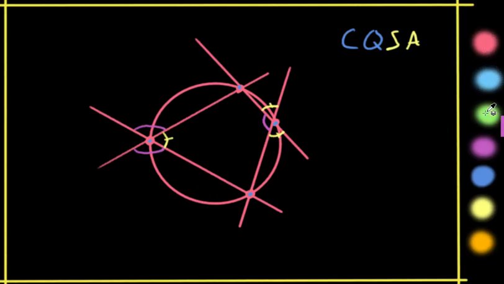And I can go further and say that this angle here is going to be the same as the ones that are supplementary to this, which is here and here. The green and yellow look a little too similar, but let's use gold here. Then this one is equal to the angles that are supplementary over here, so this one and this one. Those angles that are all the same color are all equal to each other. And it doesn't matter what 4 points you pick on the circle, this will always be true.